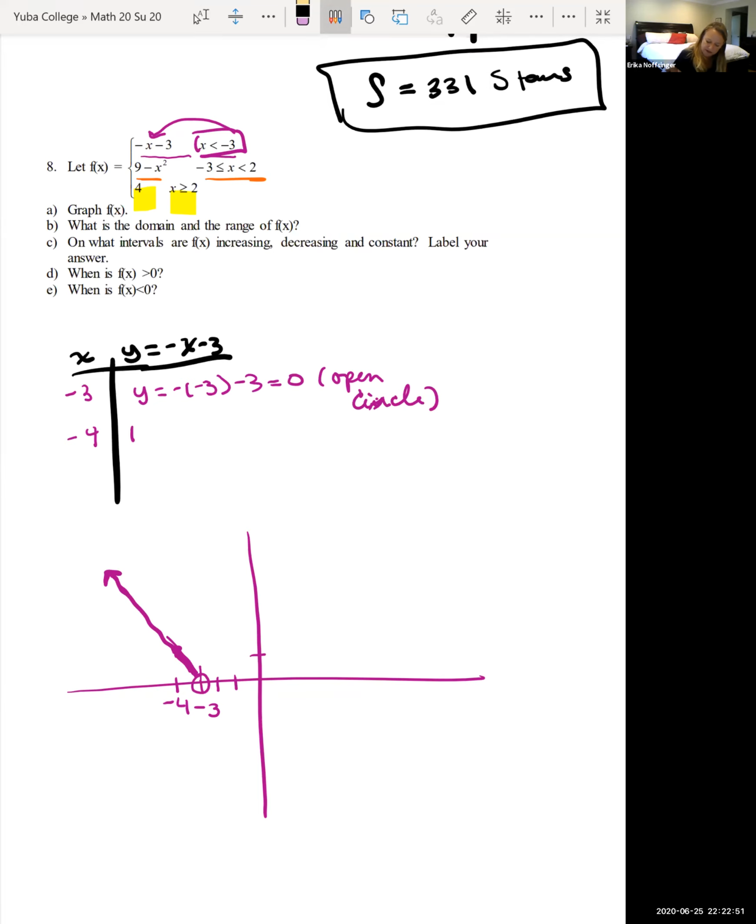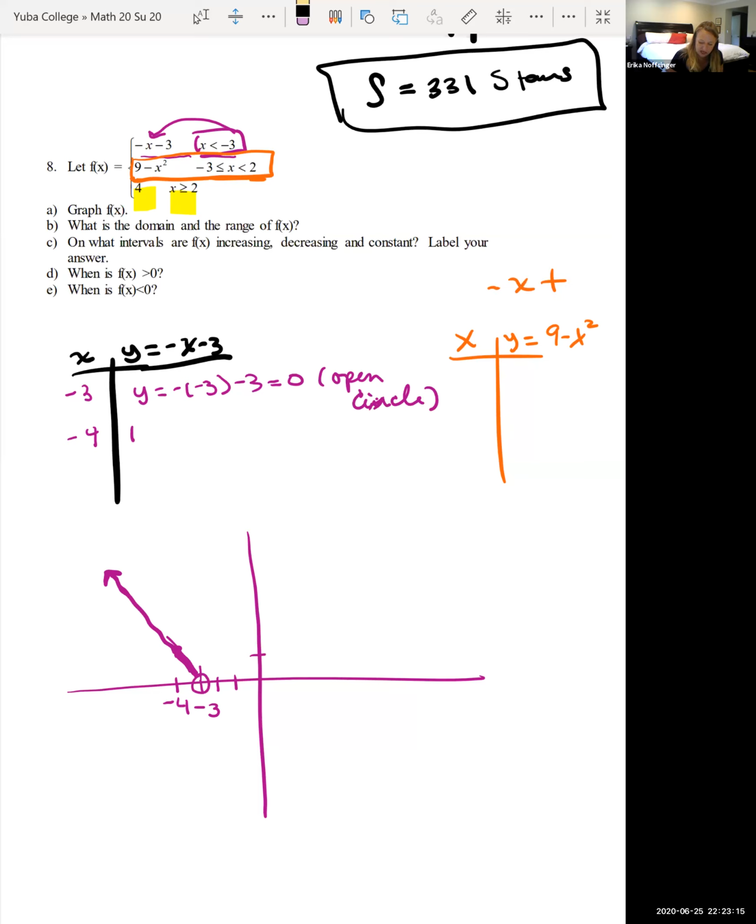And so now graph the piece for 9 minus x squared. Well, I can tell that this is a parabola. It's a parabola that's facing downwards because of the negative here, and it's shifted up 9 units. We can think of it this way.